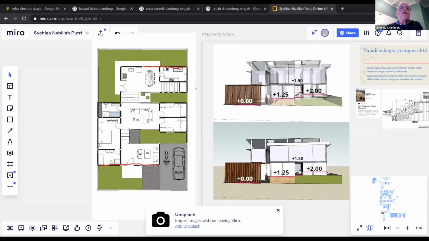So let's look at how you are resisting earthquake force in this direction. Now I can see plenty of walls. Here's a wall here. Here's a wall here. Does this wall continue up the height of your building or not? Yes.